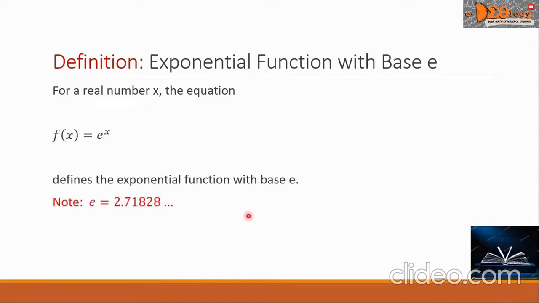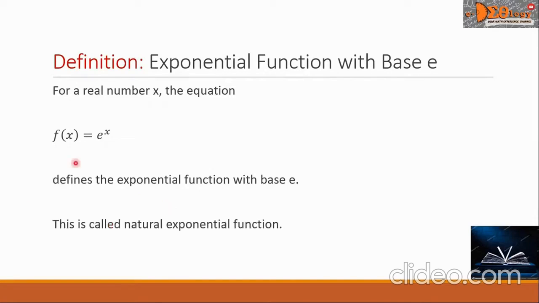In mathematics, this letter e has a numerical value equal to 2.71828 and so on. And this function here is called natural exponential function.